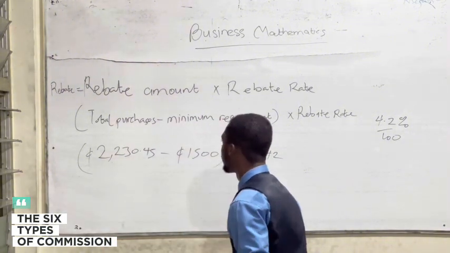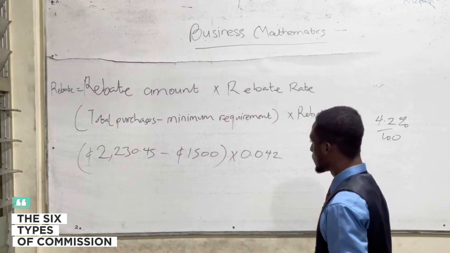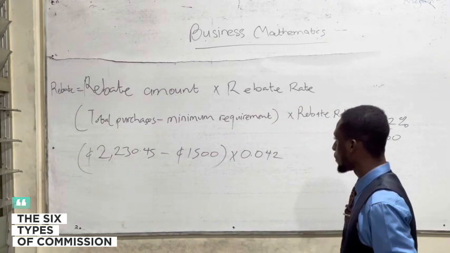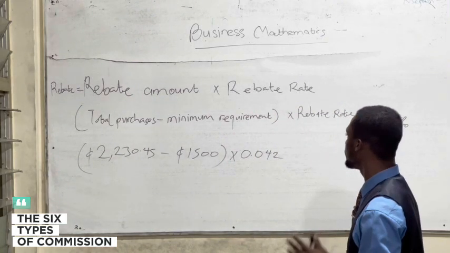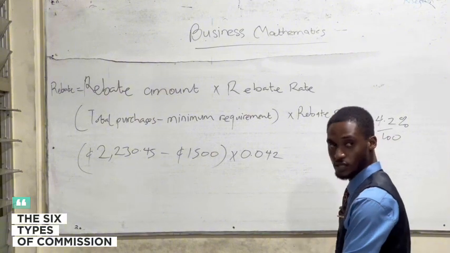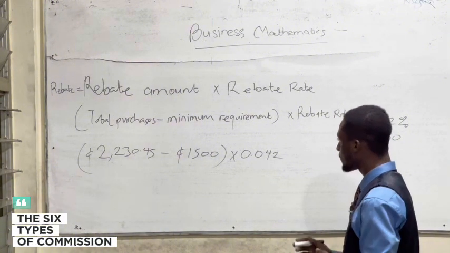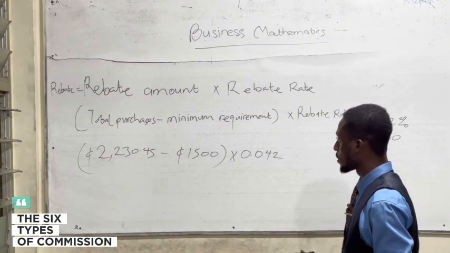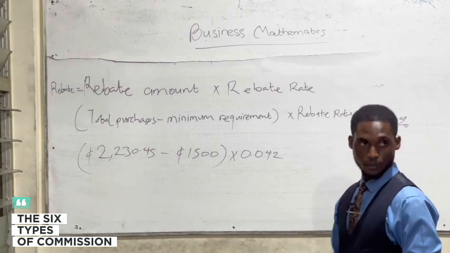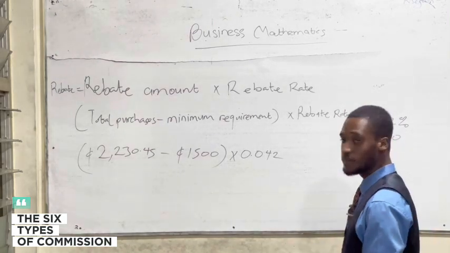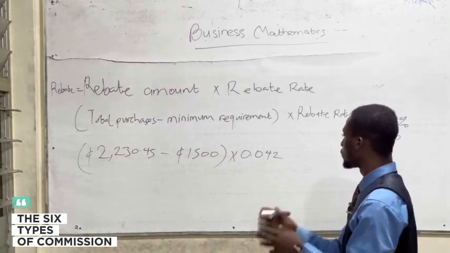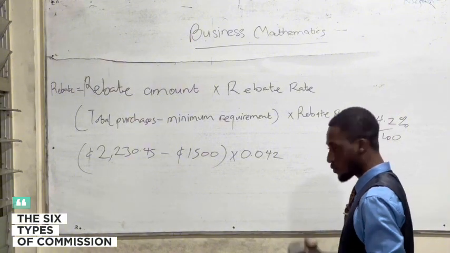Before I continue, rebate has the formula of rebate equals rebate amount times rebate rate. And before you can find the rebate amount, it follows a formula. The formula for rebate amount is total purchases minus minimum requirement.